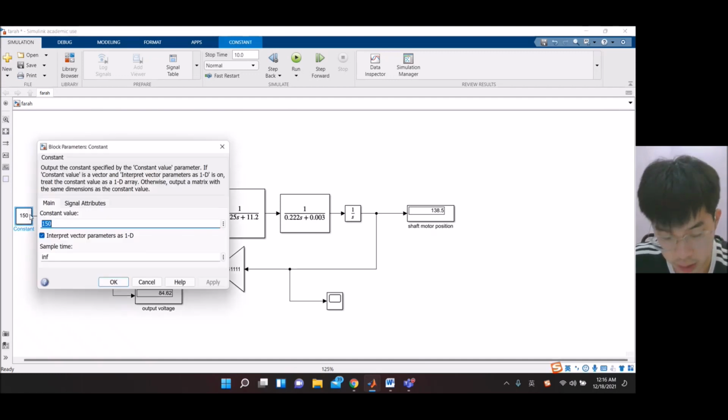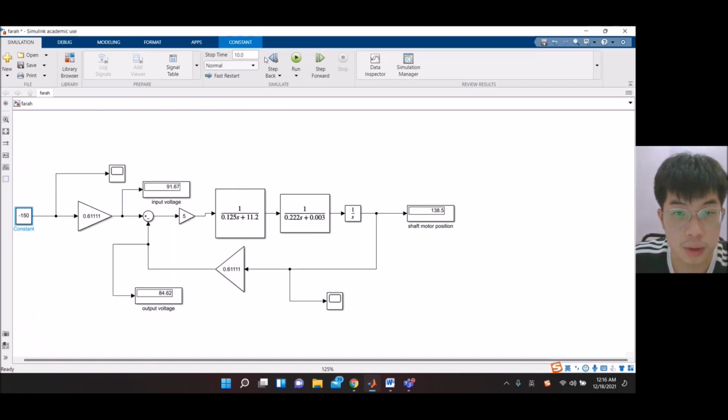So next is anti-clockwise, so we put in front of negative. Again also 5. So we get a value, all the value is negative, negative 91, negative 84, and negative 138.